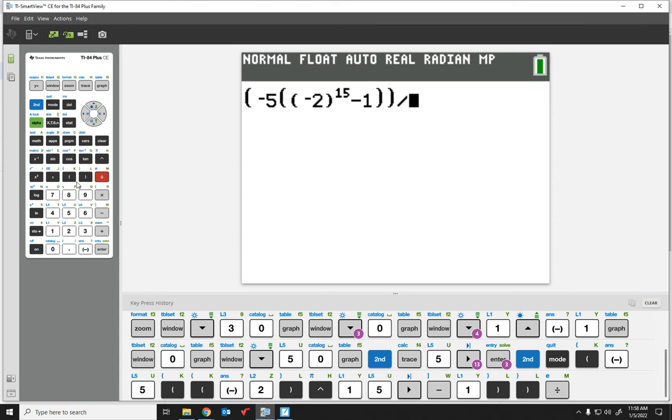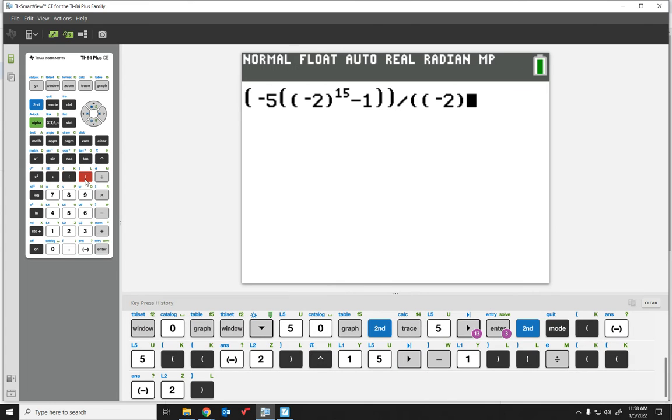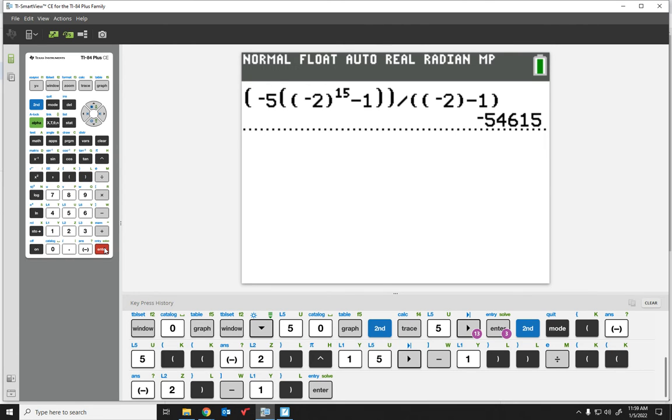And then divide by the denominator. So we'll use a bracket to put everything in the denominator in. The common ratio is -2, so I'll put that in brackets, -1, and then close that off. And then this is equal to negative 54,615. So if you did want to plug it in one shot, that is what it would need to look like.